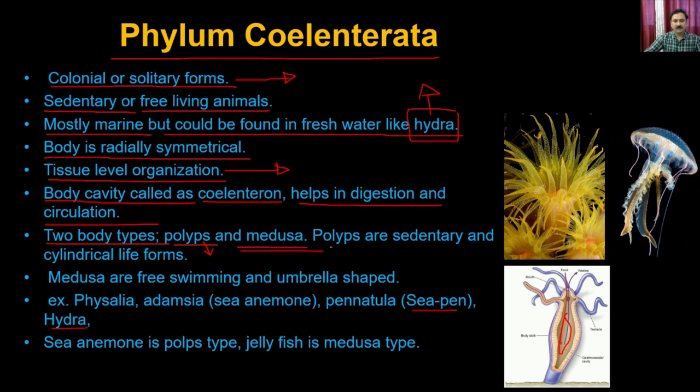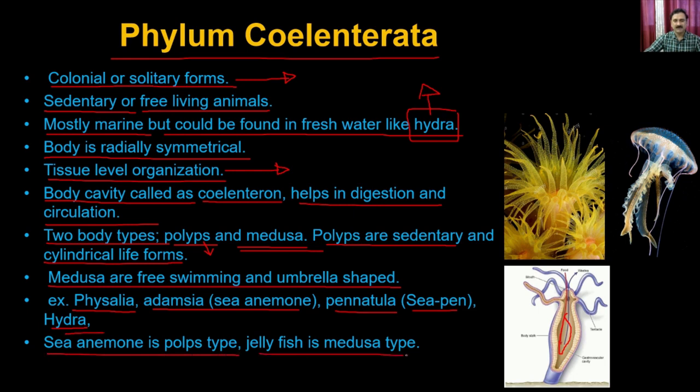The polyps are sedentary, so they don't move, right? Whereas, the cylindrical life forms, the medusae are free living, swimming, and umbrella shaped. The examples are Physalia, sea anemone, sea pen, and the hydra. Sea anemone is a polyp type, whereas jellyfish is a medusa type.